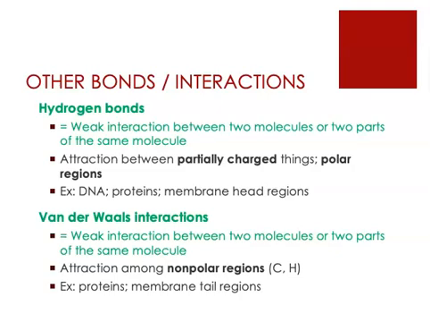They are more correctly referred to as weak attractions between 2 atoms, or 2 regions of a molecule being drawn to each other. The first one is called a hydrogen bond, and the second one is called van der Waals interactions.